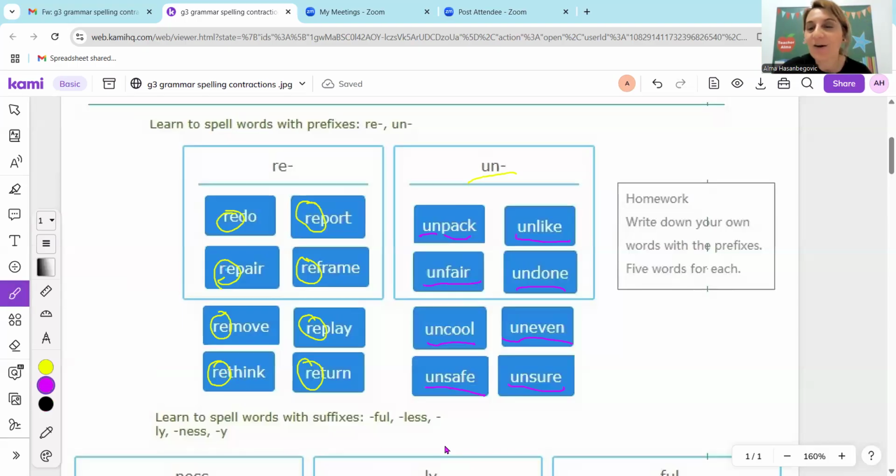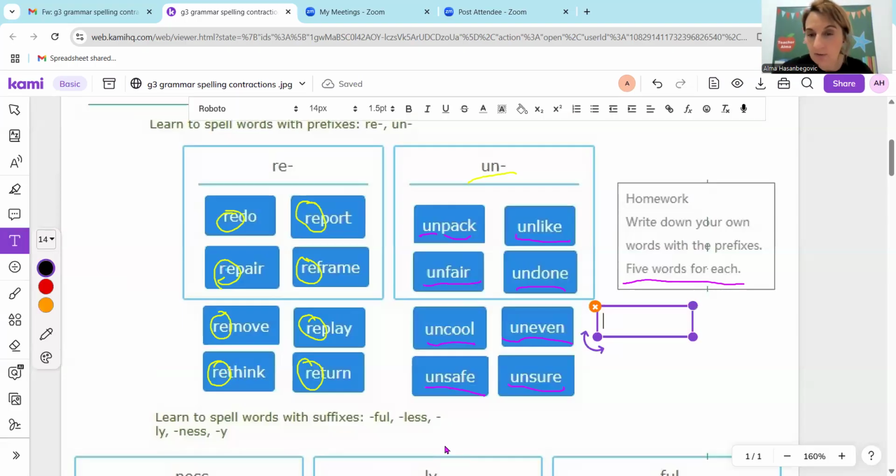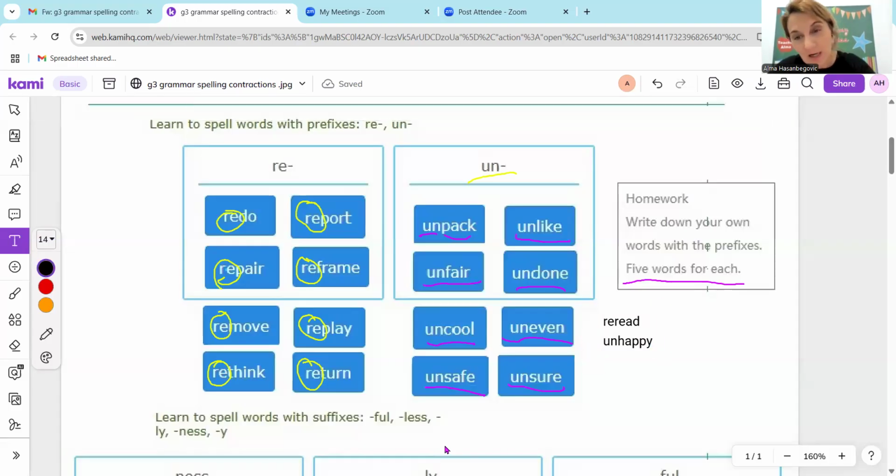All right, good. So let's write down some of these words for re. Now I'm going to come up with some of them, but you have to do the rest on your own. Reread means what? Read again. Very good. Excellent. Next one for un. Remember, I already talked about the word unhappy. So this is what I want you to do.